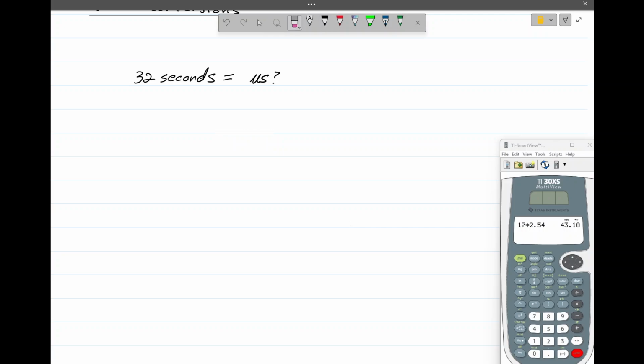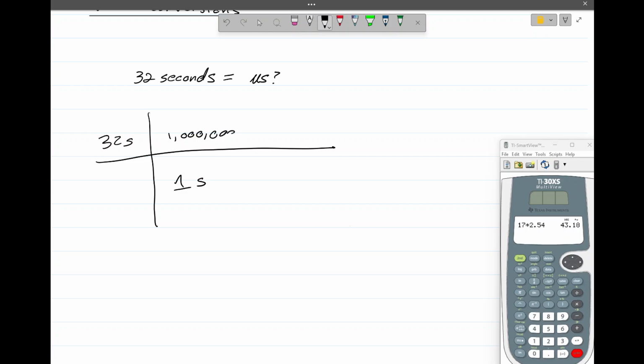Okay, so again, I make my tree, and my starting units I put over here, so I start with 32 seconds. Now I need to put a conversion factor here. I know that for every second there are 1 million microseconds, and I know that I've set this up right because my seconds are opposite, so they're going to cancel out.